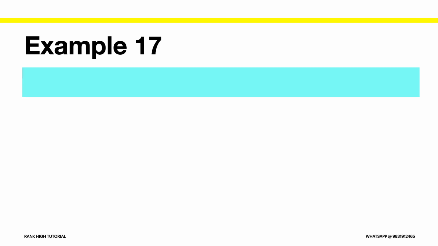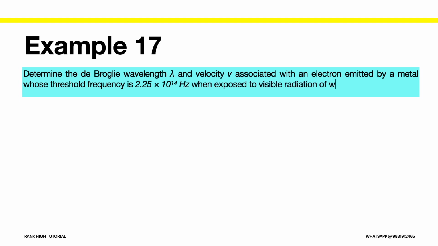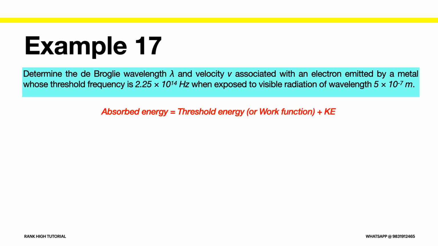Question number 17. Determine the de Broglie wavelength lambda and the velocity v associated with an electron emitted by a metal whose threshold frequency is 2.25 into 10 to the power 14 Hz when exposed to visible radiation of wavelength 5 into 10 to the power minus 7 meter. From the photoelectric effect, we know absorbed energy equals work function, that is the threshold energy, plus kinetic energy.